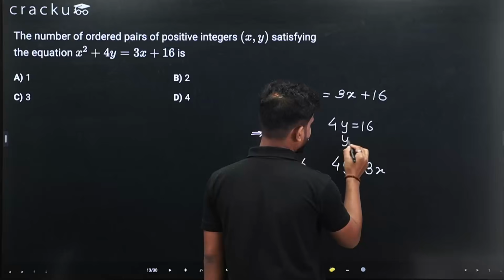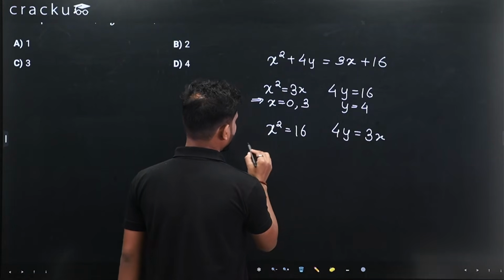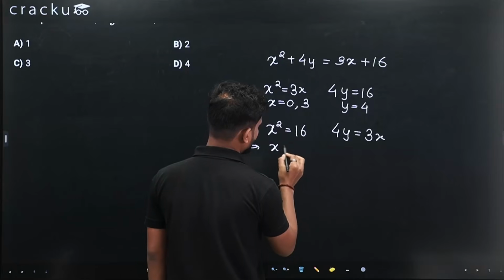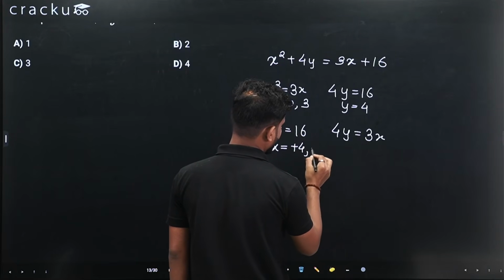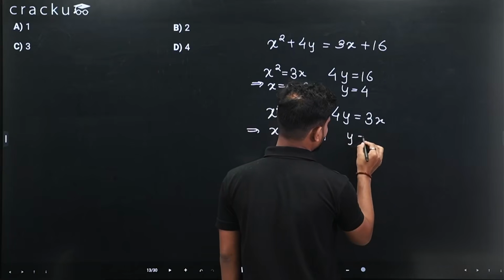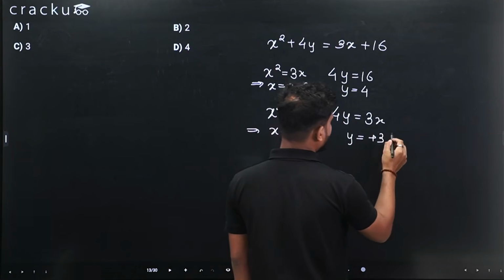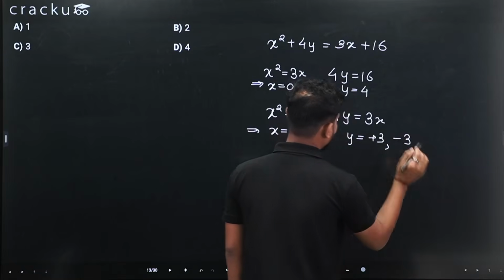From here you get y equal to 4, correct? From the other you get x equal to plus 4 and minus 4. If x is plus 4, you get y equal to plus 3. If x is minus 4, you get y equal to minus 3.